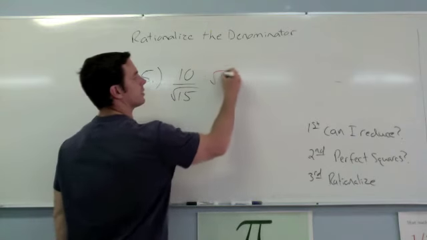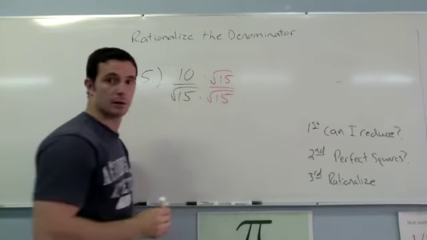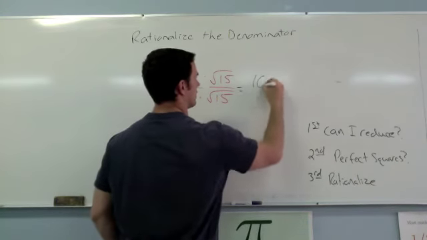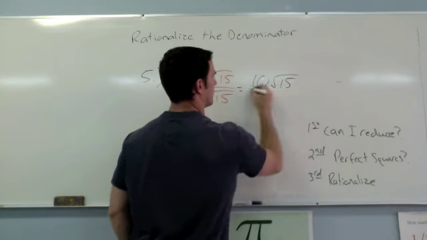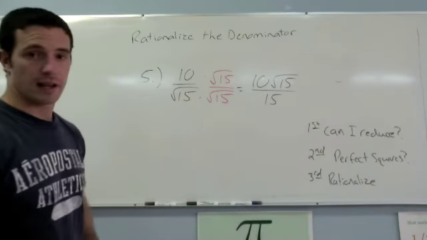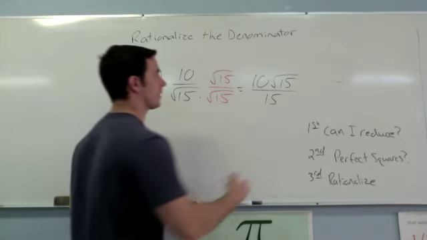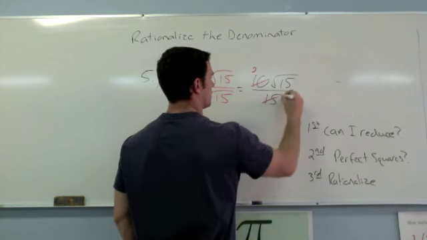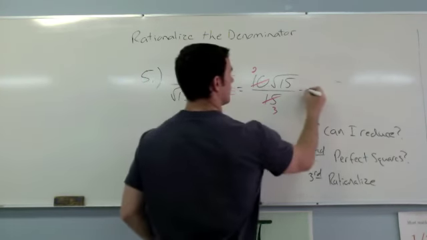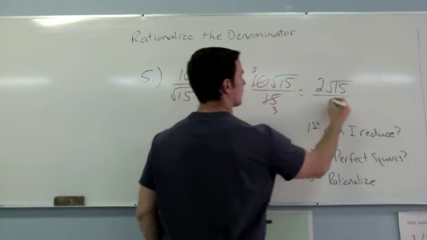Multiply the top by the square root of 15 and the bottom by the square root of 15. From there, I get 10 radical 15 all over 15. And do one last check. Can I reduce? Yes, I can. This becomes a 2, this becomes a 3. So, for my final answer, I get 2 square root of 15 all over 3.